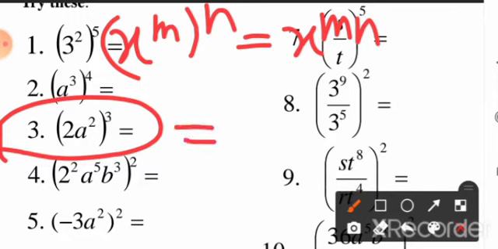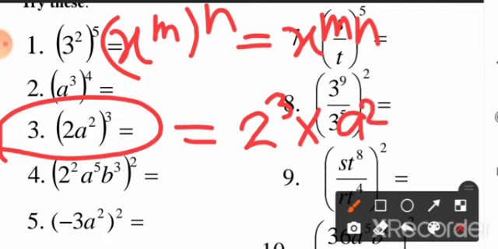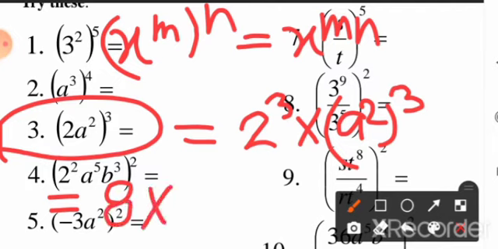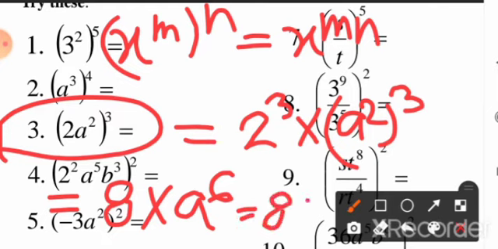So you can write now (2 power 3 into a power 2) whole power 3. So next, 2 power 3 means 8, into a power 2 into 3 is equal to 6. So you can write now the answer 8 a power 6. That's the solution of question number 3.